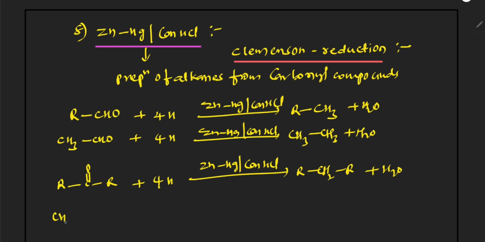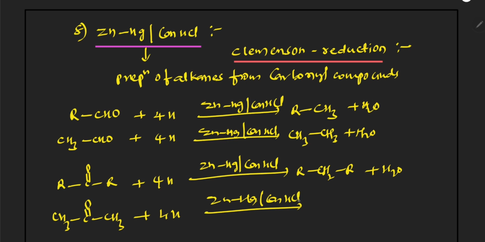See, acetone, CH3COCH3, reduction with zinc amalgam and concentrated HCl gives propane, CH3CH2CH3, plus H2O.